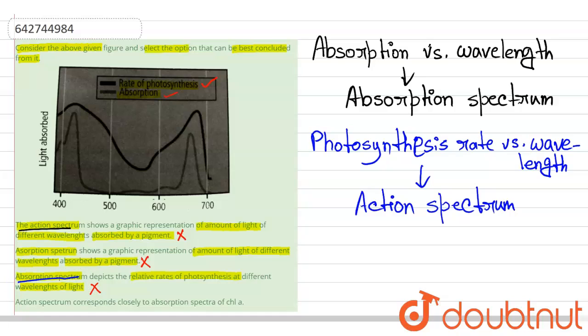And now the last statement, that is action spectrum corresponds closely to absorption spectra of chlorophyll A. So here in this graph both the rate of photosynthesis or action spectrum and absorption spectrum are stated, and we can see if the rate of photosynthesis is high then the absorption rate is also high, and if the rate of photosynthesis is low then the rate of absorption is also low.